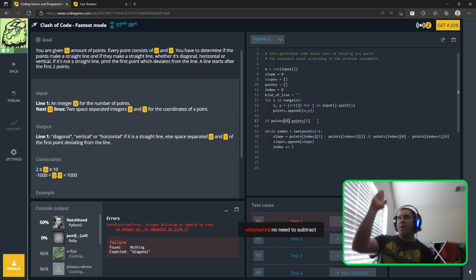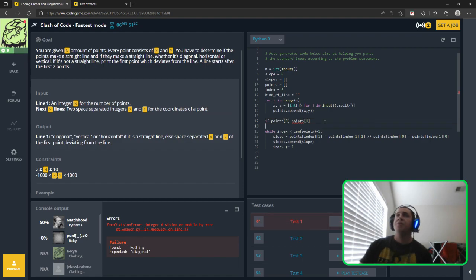So if it's all rise, no run, and it's only going up and down infinitely, and there's no change, the slope is 1 over 0, that would mean the x is the same. There's no run, only rise.